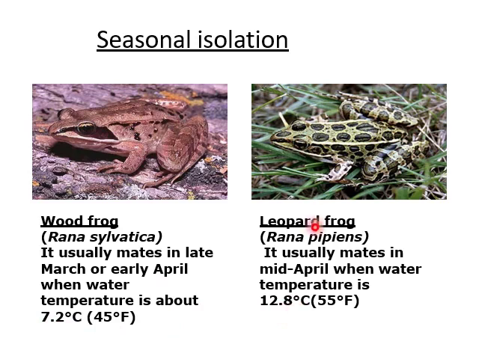Whereas the leopard frog can reproduce in mid-April, when the temperature rises to about 12.8 degrees centigrade. Due to these two different seasons and two different temperatures, the wood frog and leopard frog cannot reproduce with each other.